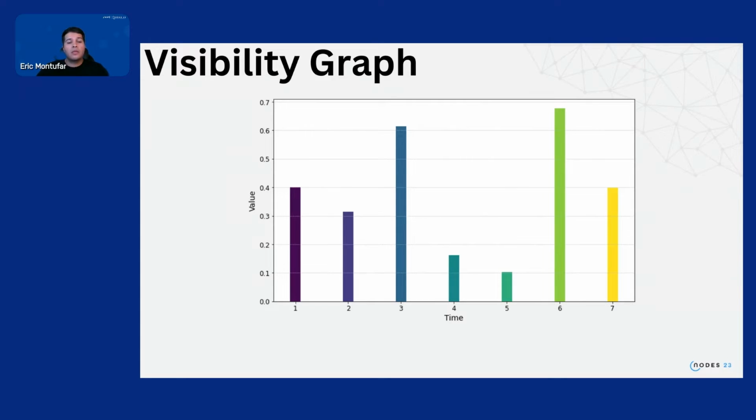What does that mean? So we have this randomly generated time series, a really simple one, and I also added colors to make it more transparent. First, we are going to do what I mentioned before. Imagine each of these points is a node in the graph.